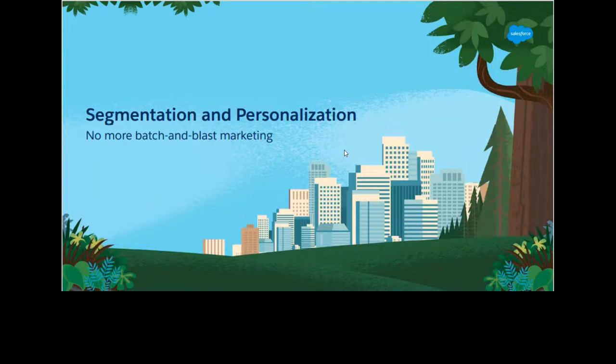And then segmentation. Why segmentation matters is because you cannot just blast the entire email you prepared to the entire prospect list in your system. You need to segment it on the basis of countries, on the basis of products they are interested in, and sometimes on the basis of score, and then trigger the emails.